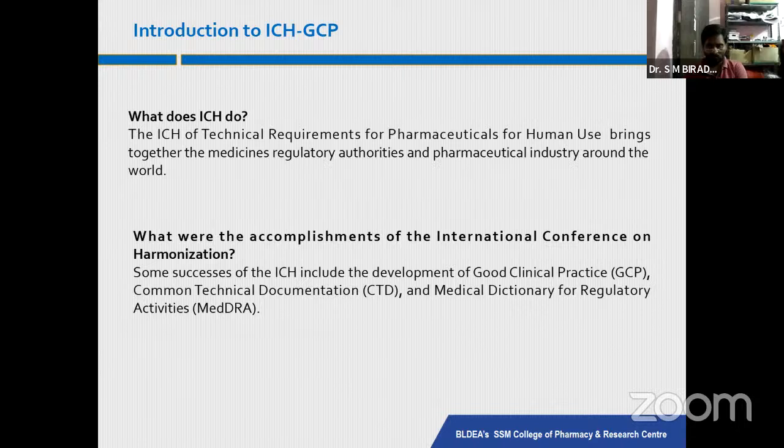They have also framed the common technical documentation, meaning legal documentation, to prepare the investigational product, and a medical dictionary for regulatory activities, meaning terminologies and components, the minimum requirements for evaluation of new investigational products. These are the things they have framed under the ICH organization.